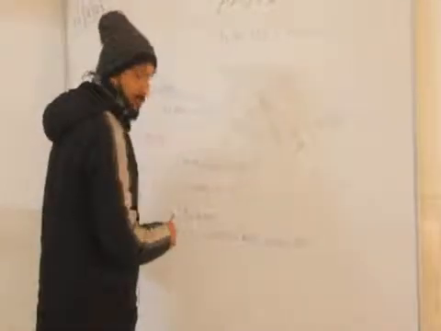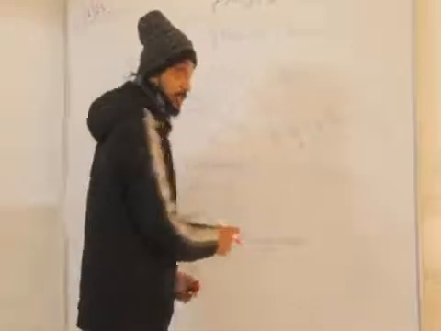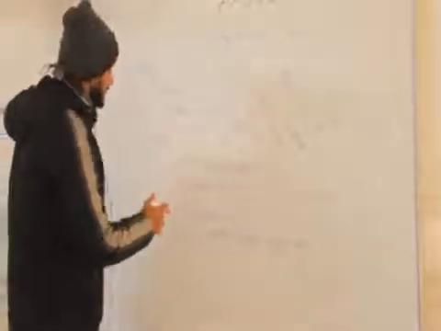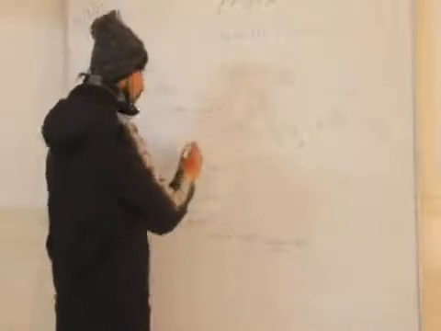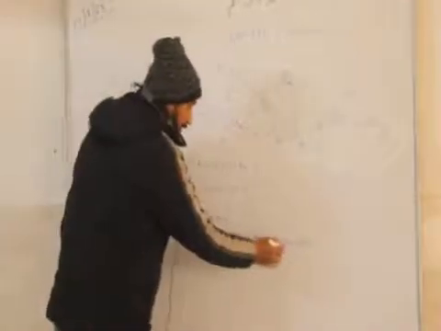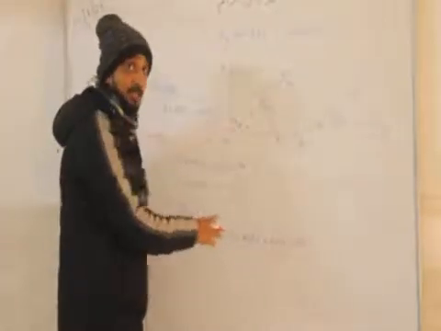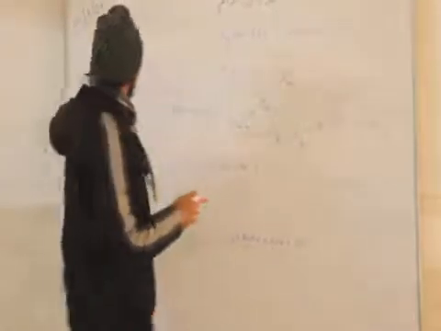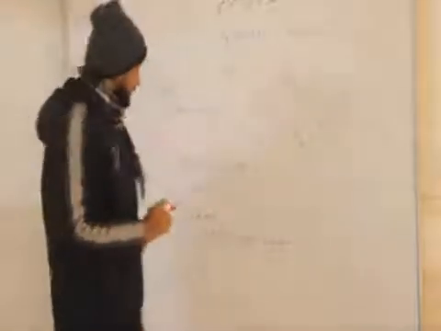And we know that these two angles are equal: AOP is equal to OPA. In place of this we can write AOP, because we have to find the relation between AOP and this. So we need only AOP, so there is no need to write OPA. Okay.